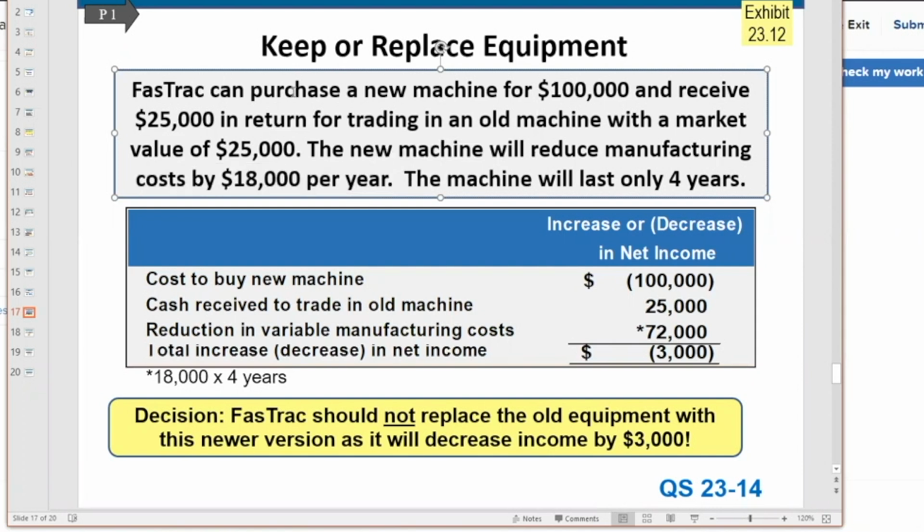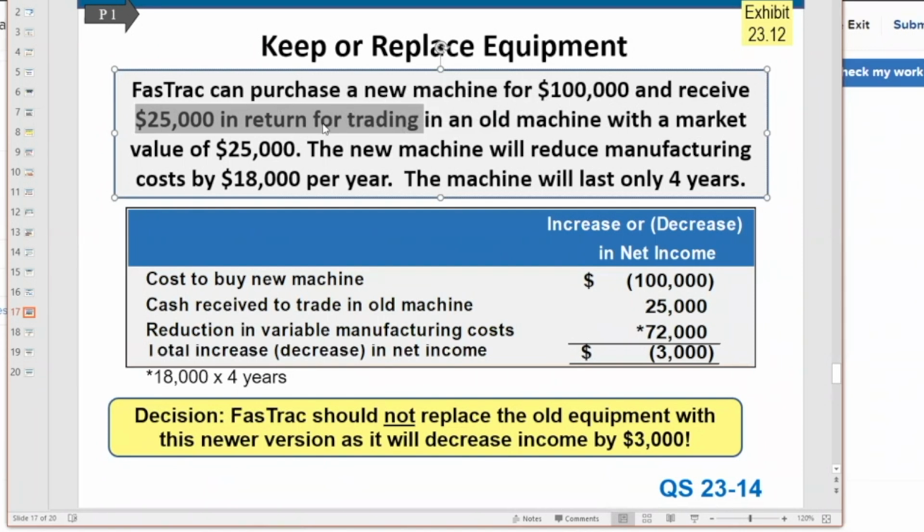So that's a good thing, right? Let's look at the good and the bad. The bad is this thing's going to cost us $100,000. The good thing is they're going to give us $25,000 on trade-in. So really, it's only costing us $75,000. That's pretty good.